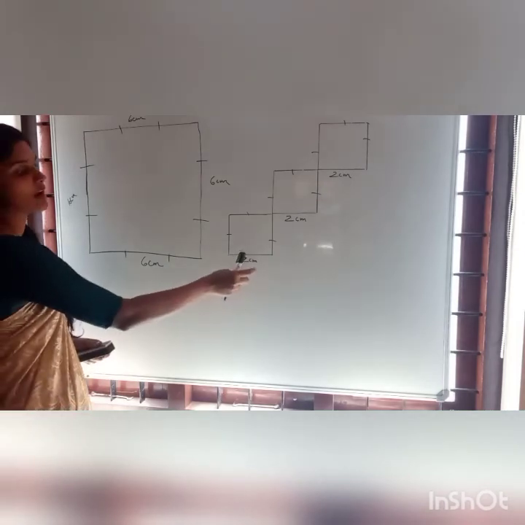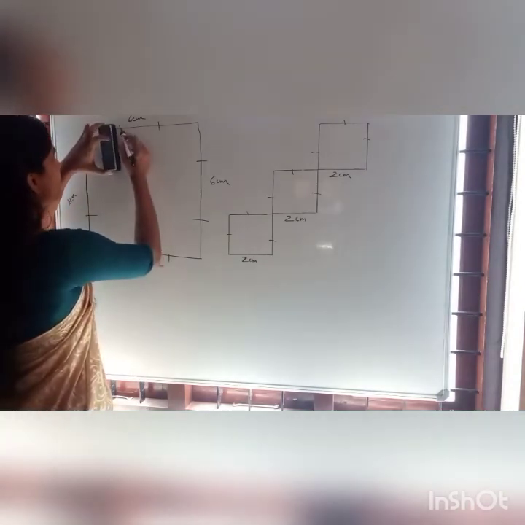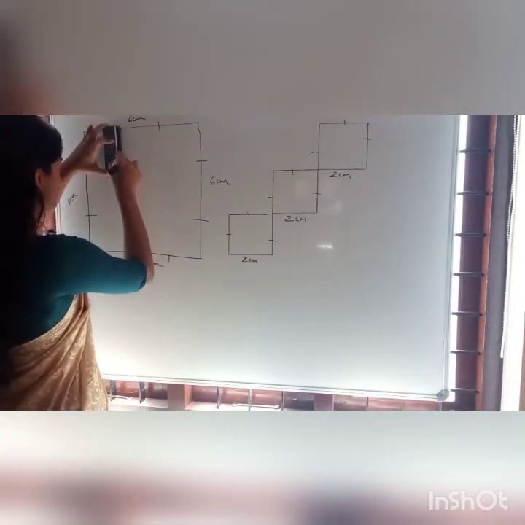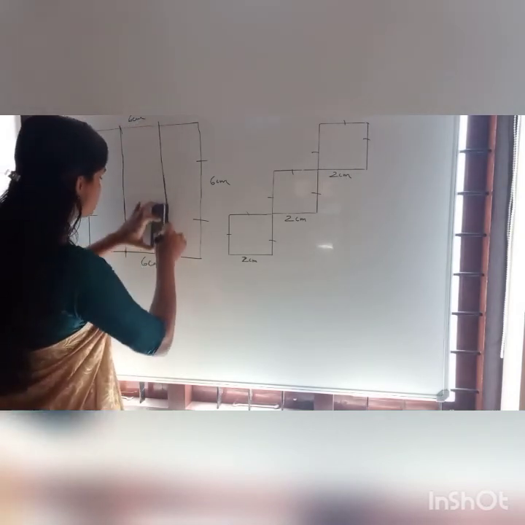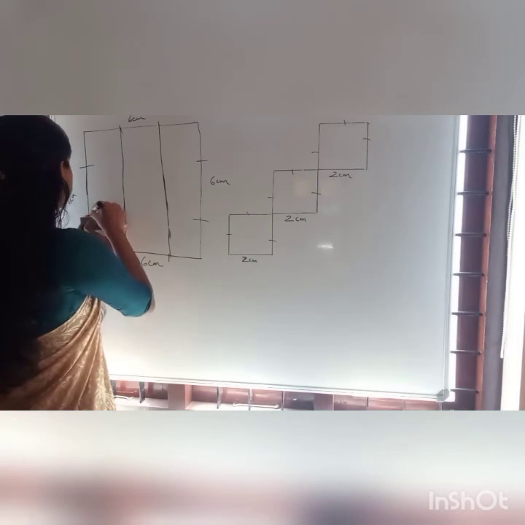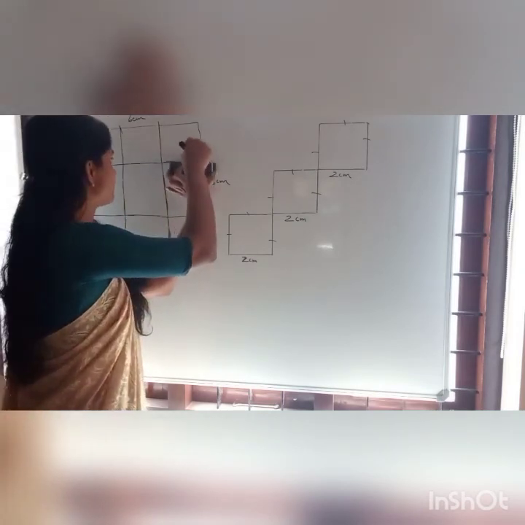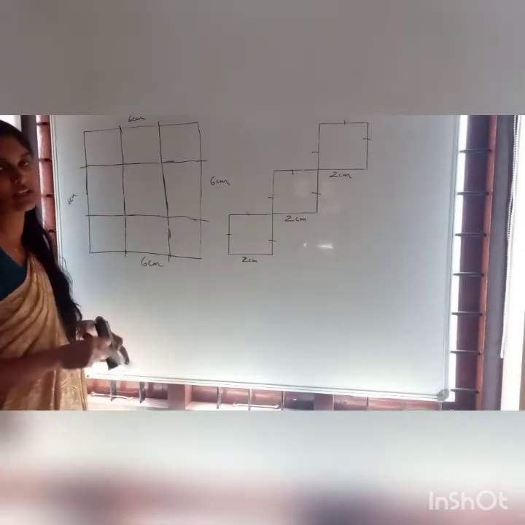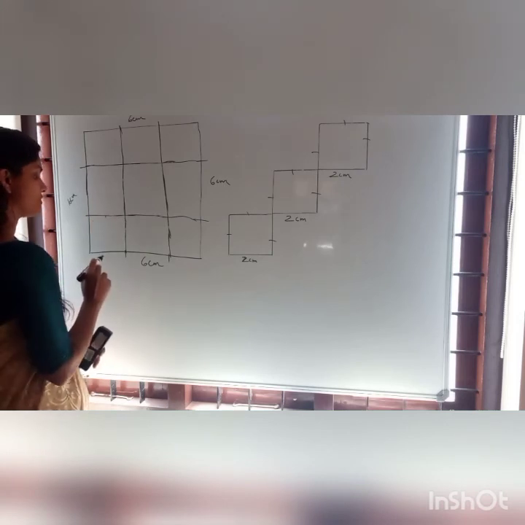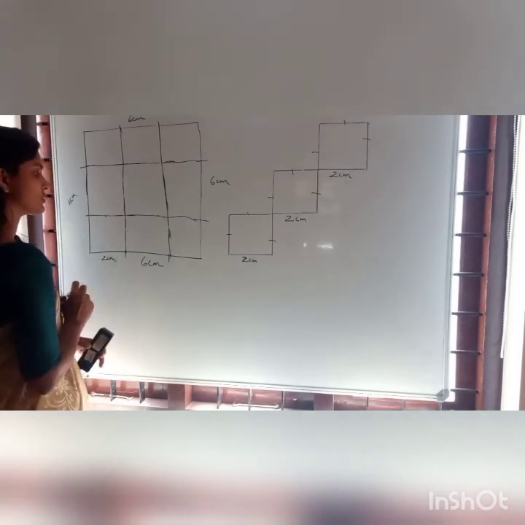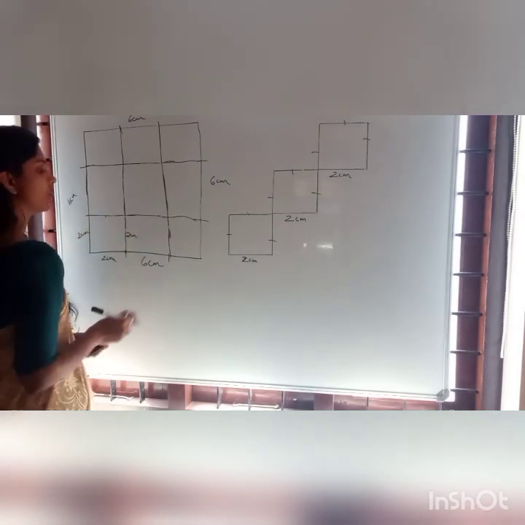Because we need squares of 2 centimeter. Now draw horizontal lines and vertical lines. Okay. What will this side measure? 2 centimeter. Because why? This is 2 centimeter. This side is 2 centimeter. So this also will be 2 centimeter.